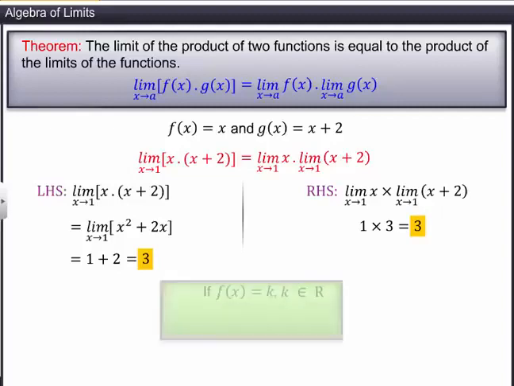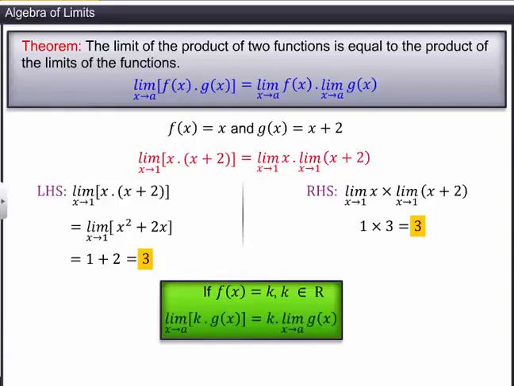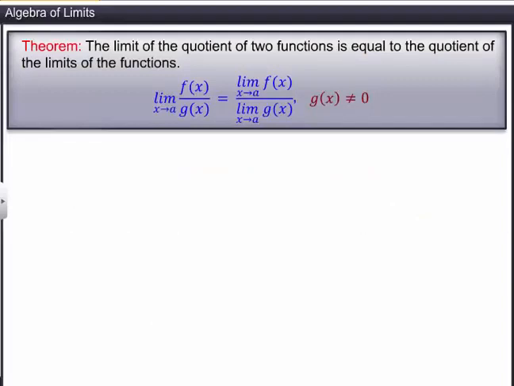If f of x is a constant, then we can write the relation as shown. The fourth theorem is that the limit of the quotient of two functions is equal to the quotient of the limits of the functions. Here, the denominator is not equal to 0.